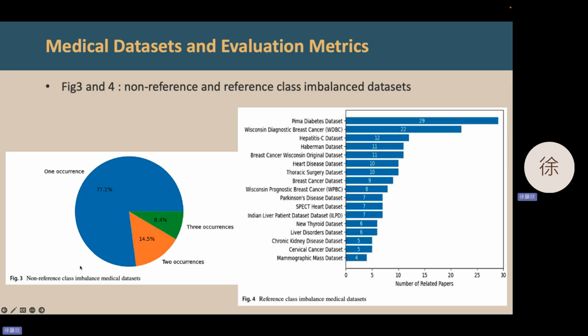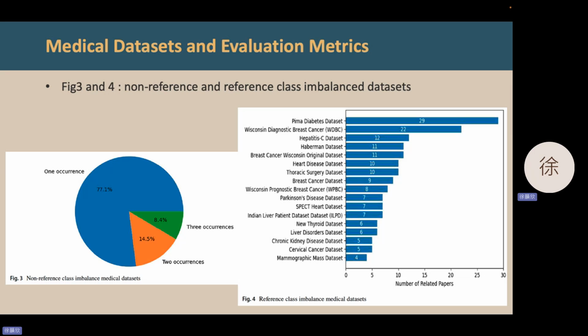So you can see many different datasets named on the figure, such as arrhythmia, thyroid disease, and so on. The bar next to each dataset name represents how many papers use that specific dataset. The longer the bar, the more frequently it was used. But compared to the figure 4, these datasets were used relatively less often.